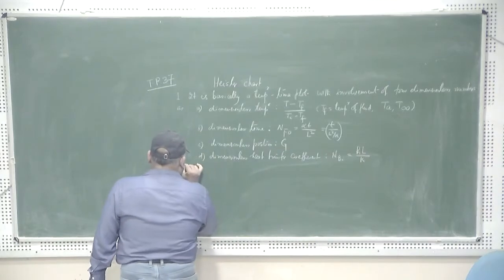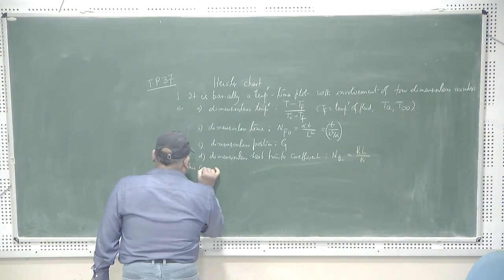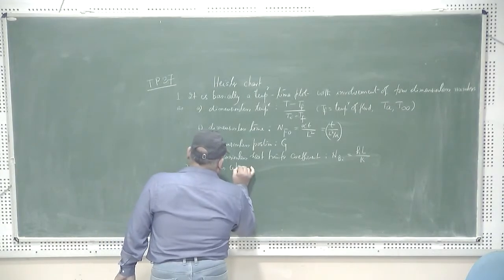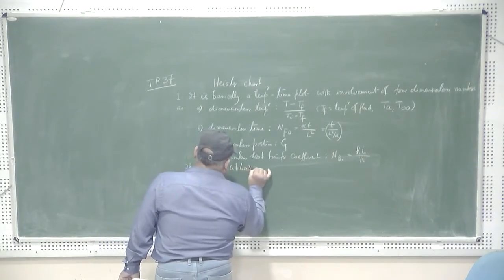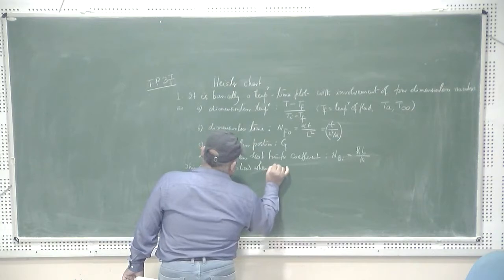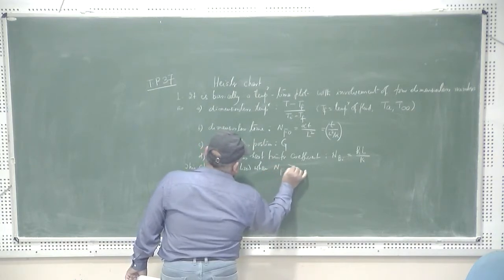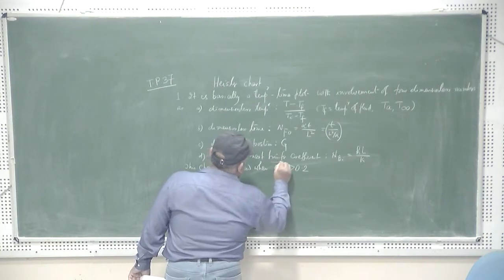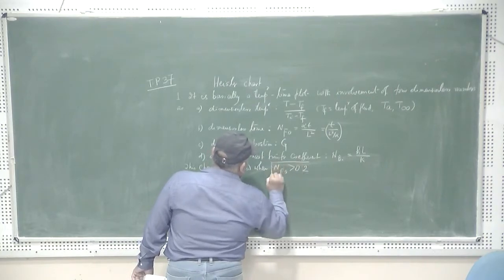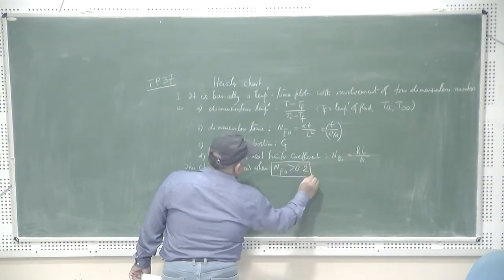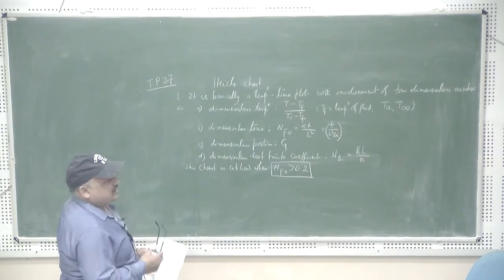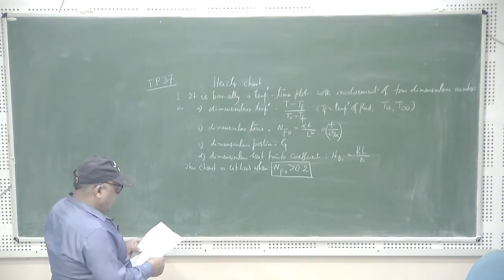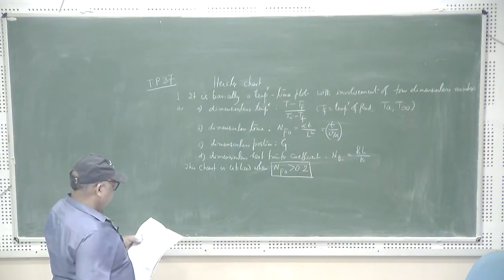This chart is utilized when Fourier number is greater than 0.2. This is most important thing. Please remember it, that the Fourier number must be greater than 0.2 if anybody wishes to apply this Hesler chart.